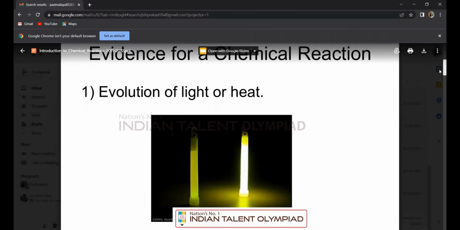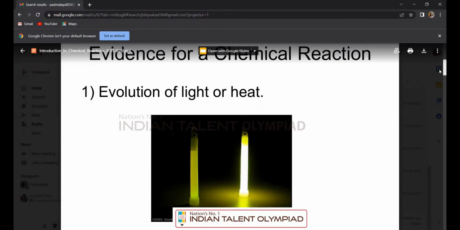Ma'am, the bulb begins to heat up. The bulb will glow first, and if you keep the bulb glowing for some time, it will become hot. The electrical energy is converting into light energy, and light energy is converting into heat energy, right? So this is an evidence for the chemical reaction.